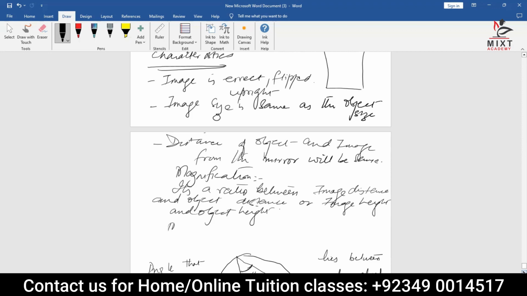In other words, you can say M is equal to image height over object height, or you can say image distance over object distance from the mirror.